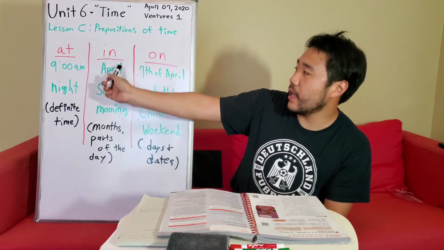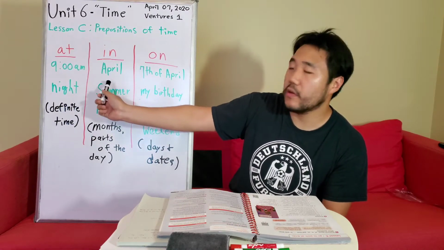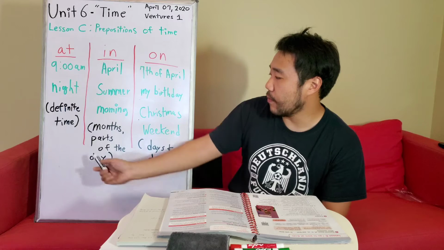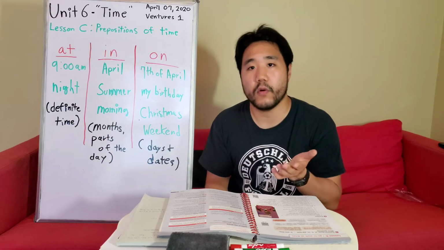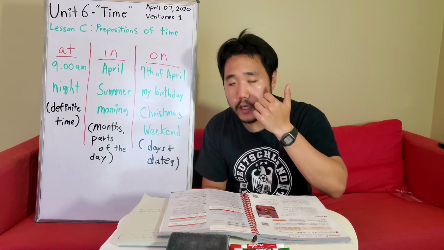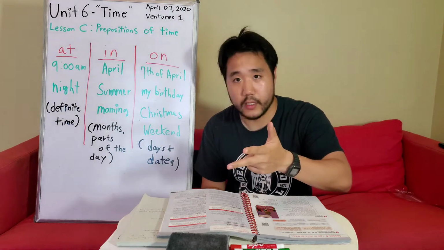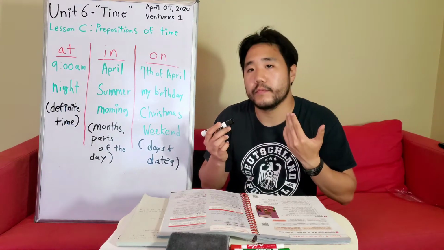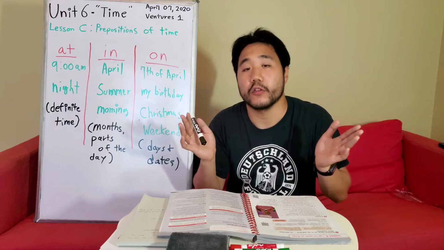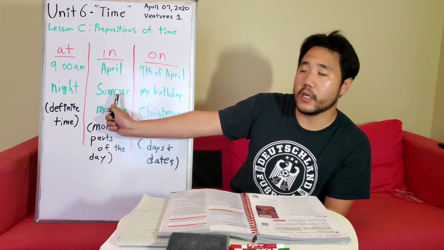So in April for months, and for parts of the day: in the morning, in the afternoon, in the evening. And finally, something with long periods of time, a season is a good example.